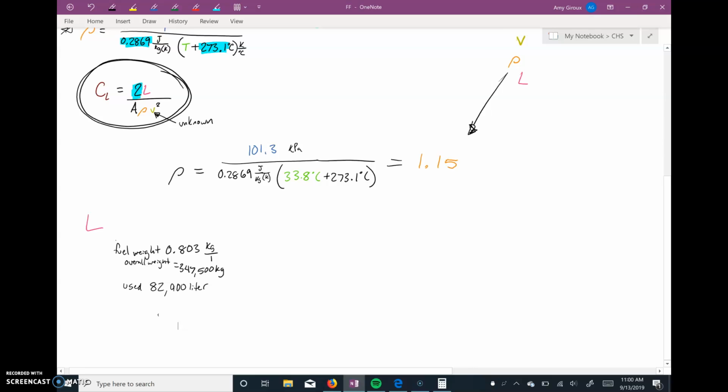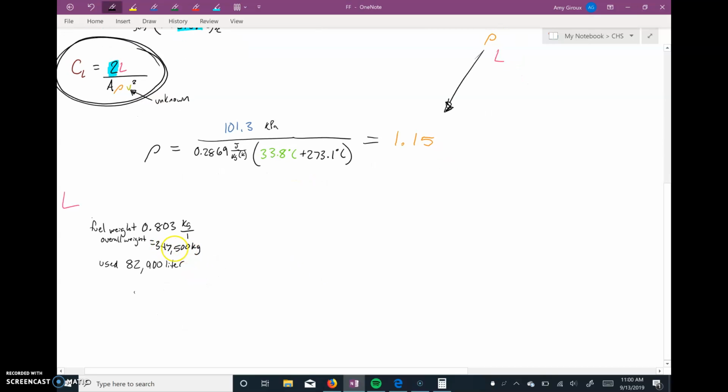We have the original weight, so we know it started at this value right here. We have to subtract how much the fuel weighed in total. That should give us the weight we need.